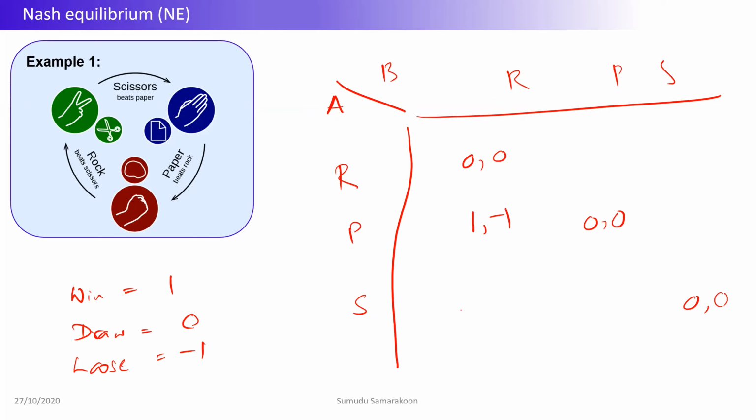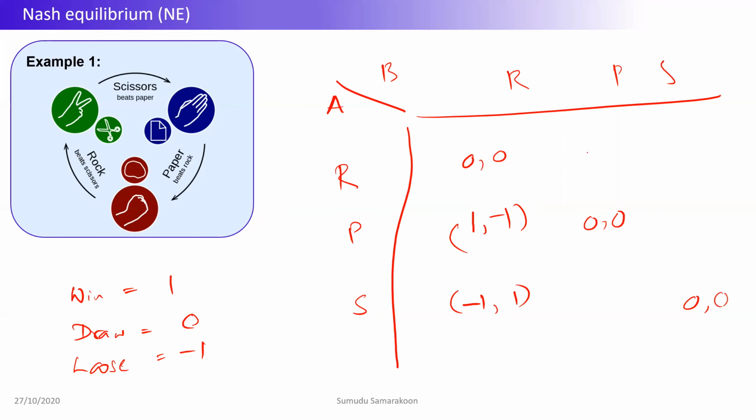If it is the other way, if A plays scissors while B plays rock, he is going to lose and B is going to win. So you can see the sum of the rewards adds up to 0. Usually this is called a zero sum game. So if somebody wins, the other will be losing the same amount.